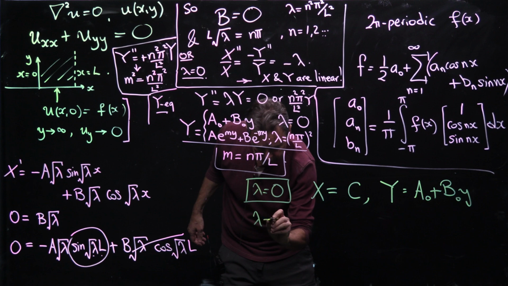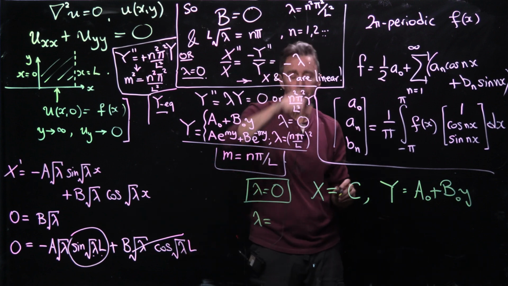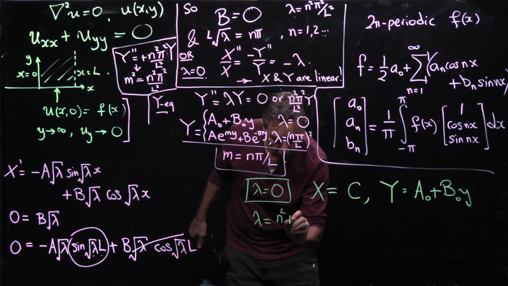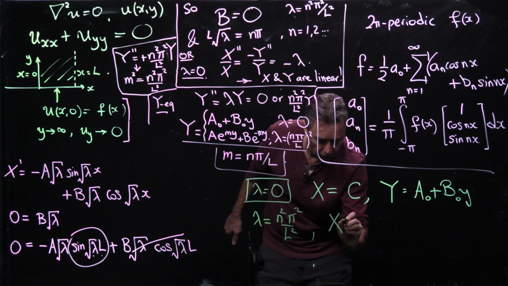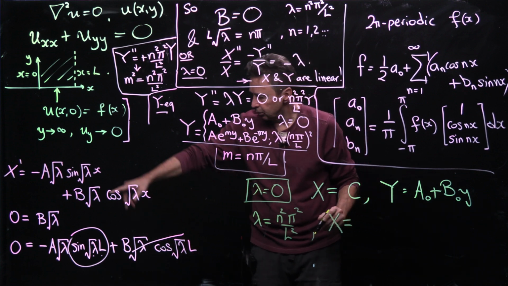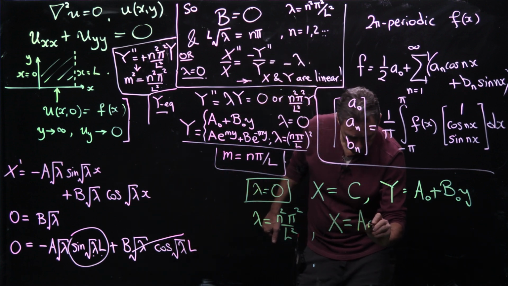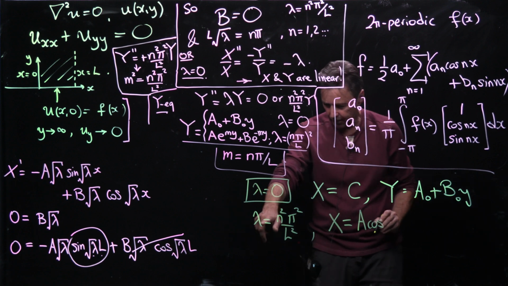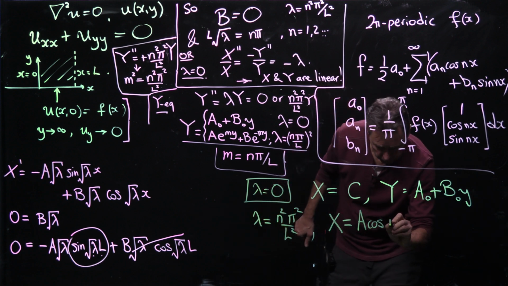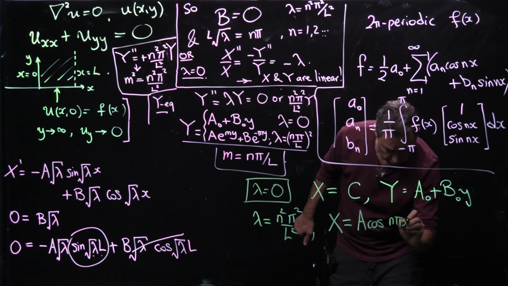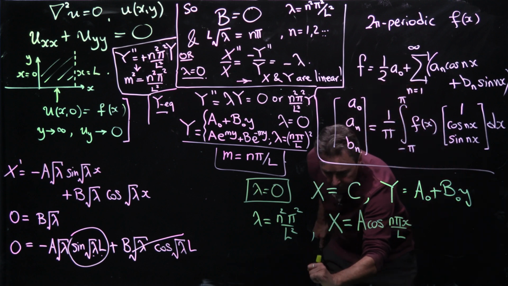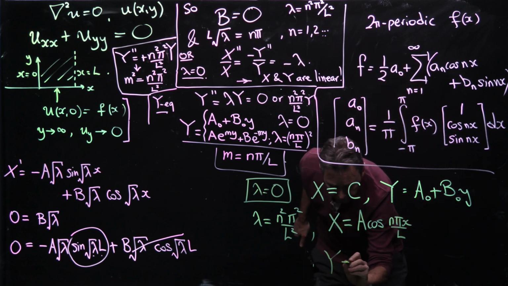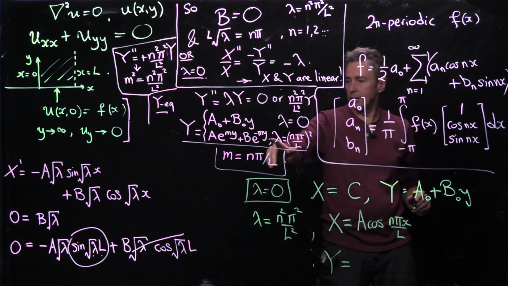Then I've got lambda is equal to this thing, n squared pi squared over L squared. For this, I've got x was equal to the A cosine. And then if that's what lambda is, I can write this as n pi x over L. And the y function is what I get from there.